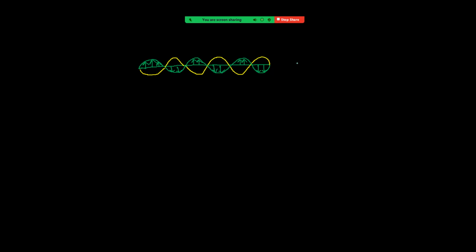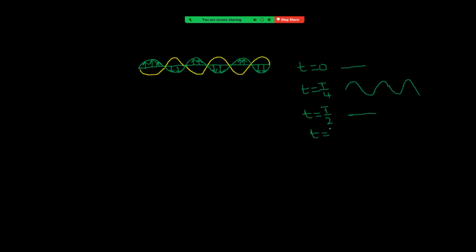That means I can say when t equal to 0, string shape straight line. When t equal to T by 4, string shape is like this, green color. When t equal to T by 2, again string shape straight line.